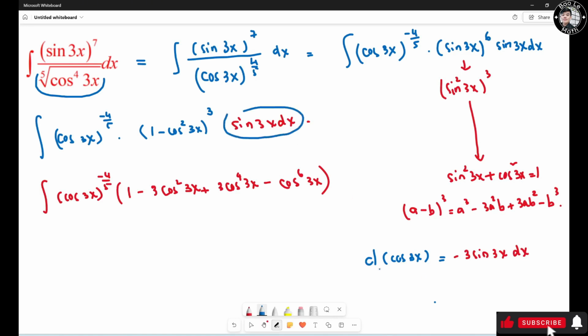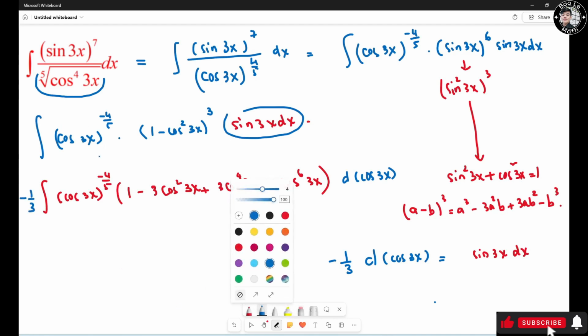So I need to divide both sides by negative 3, so it could be negative 1/3 right here. So then this guy is gone. I just replace sine of 3s ds right here with negative 1/3 d of cosine 3s, and I write negative 1/3 in the front. Now I just distribute this one.